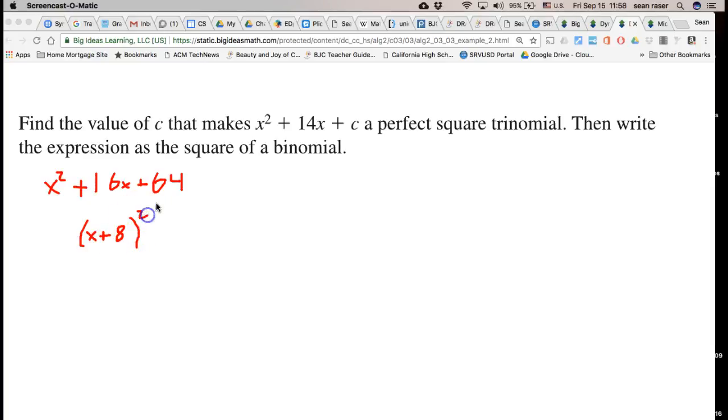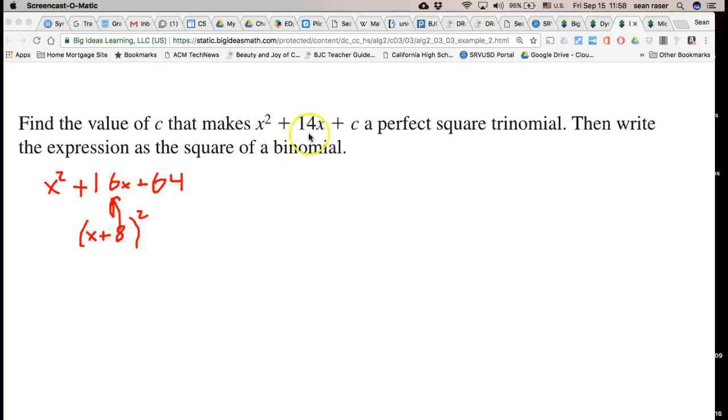When you FOIL this out, whatever number you have in your binomial has to be the square root of your c value. And you'll notice the relationship between 8 and 16: it's just half of 16, because we're adding it together, we're just doubling it.